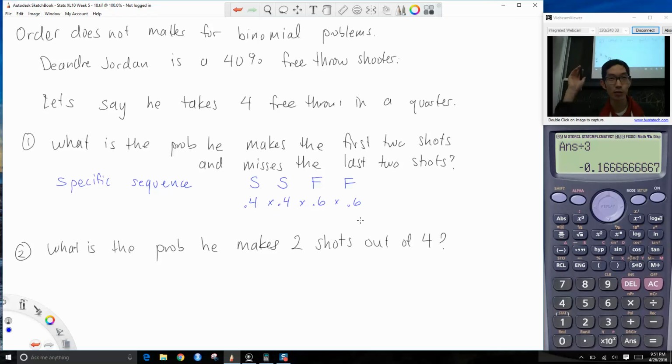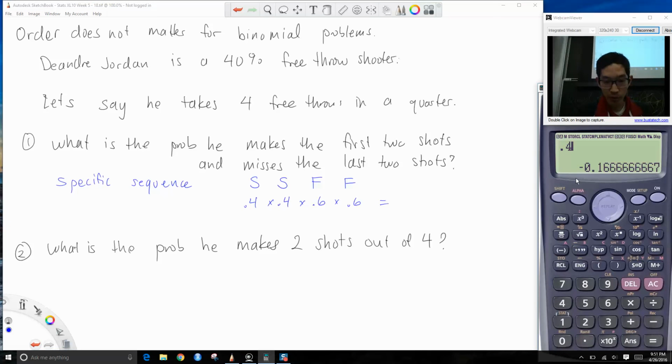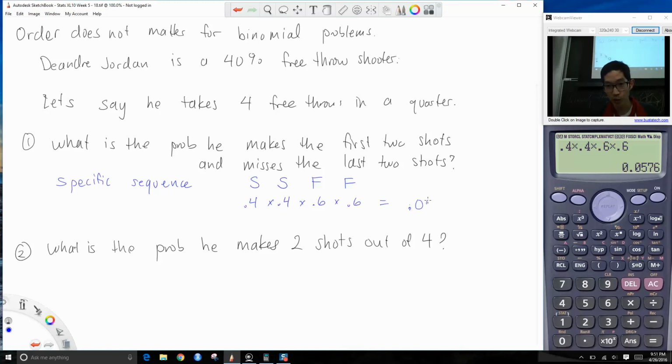It has to go hit, hit, miss, miss. All 4 have to happen in that order. So this exact sequence of events has a probability of 0.0576 of happening.